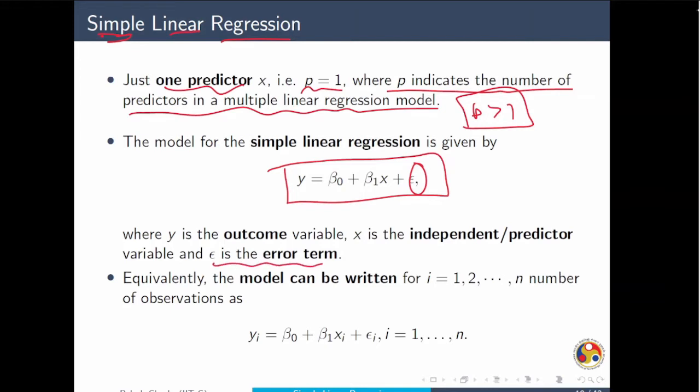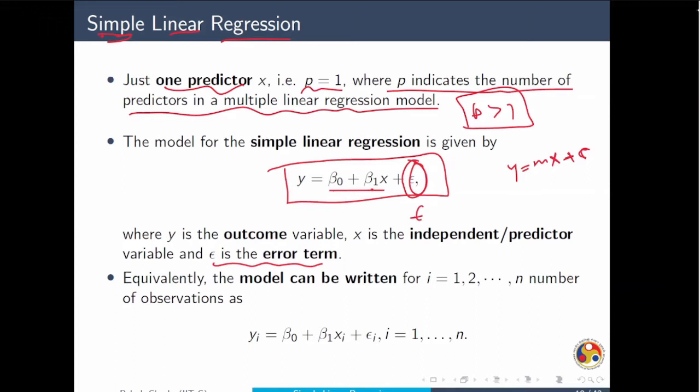If you go back to your mathematics class in class 12, you have already learned that y equal to mx plus c. Here, this is c, this is m, this is x. But what is interesting in going from the straight line to the regression line is the addition of this error called epsilon. Statisticians love error.